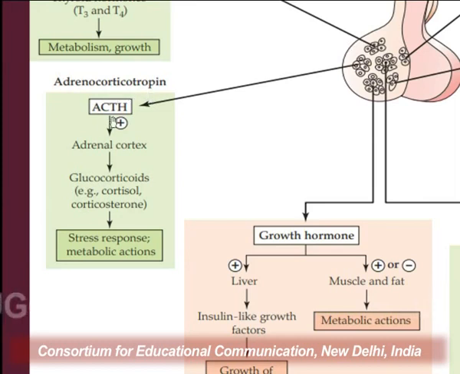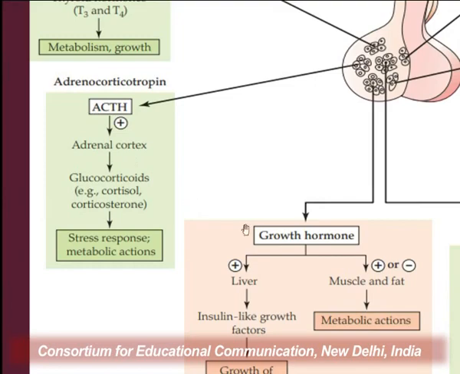This will go and stimulate the adrenal cortex to produce and release glucocorticoids, including cortisol and corticosterone, which will regulate the stress response and metabolic actions. You will learn about these functions in much more detail when we talk about the adrenal gland. But you must understand the function of ACTH, that it goes and acts on the adrenal cortex and stimulates its secretion.